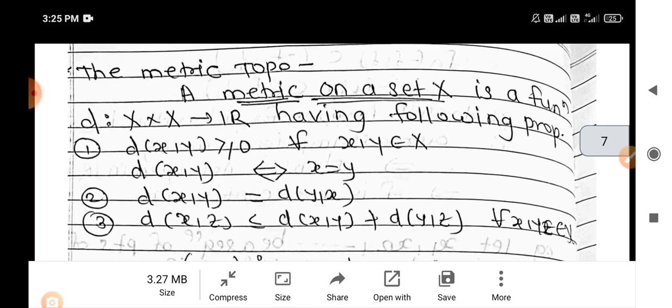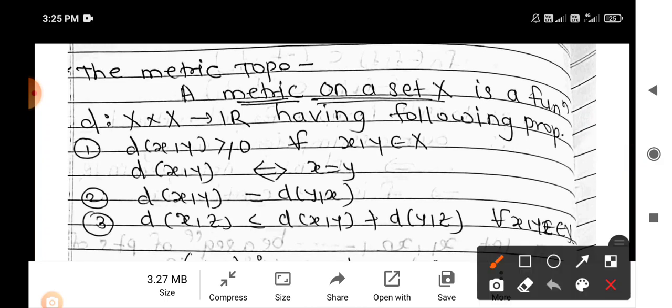Now the next point, that is metric topology. Here we see the definition of metric. A metric on set X is a function d on X cross X to R having the following properties.